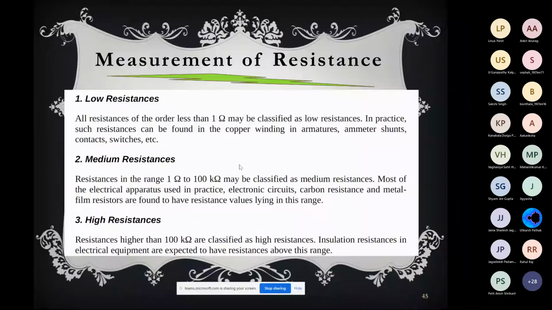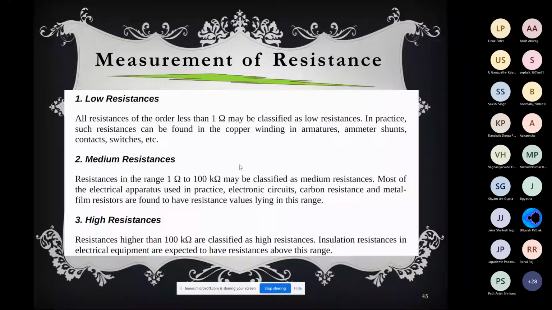Most of the electrical apparatus used in practice consist of medium resistance, like electronic circuits, carbon resistance, metal film resistance, and whatever resistance you use in the lab. Although you use mega ohm very frequently, most of the resistance are in between 1 ohm to 100 kilo ohm.